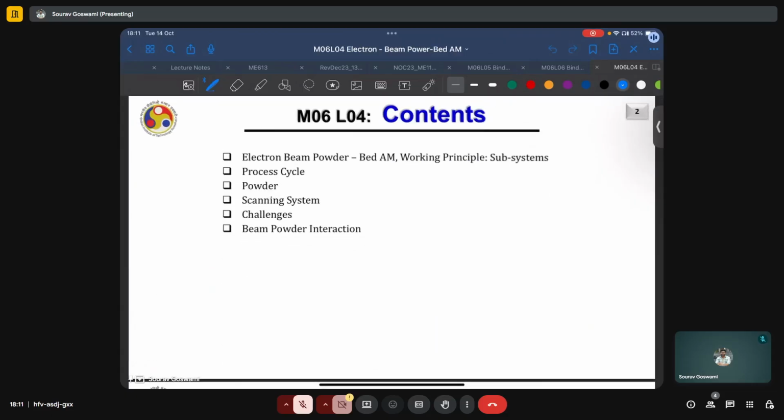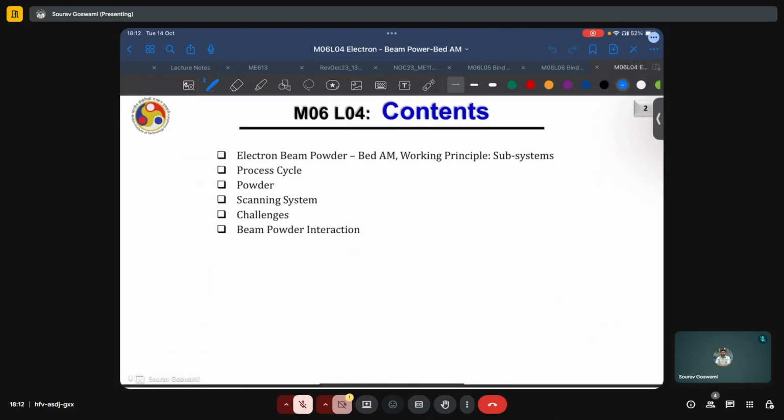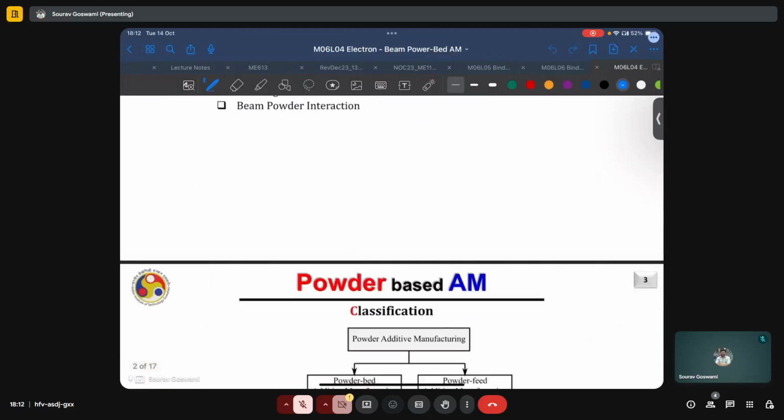In the course of this discussion, we'll be looking at the working principles and subsystems, a typical process cycle for an electron beam melting machine, the qualities of powder, its production methods, and what characteristics decide the final part quality, the scanning system types, challenges associated with electron beam based powder bed AM, and beam powder interaction.